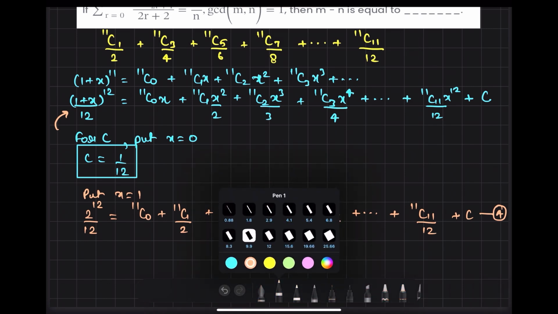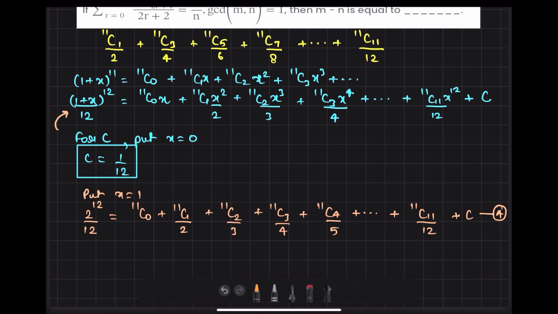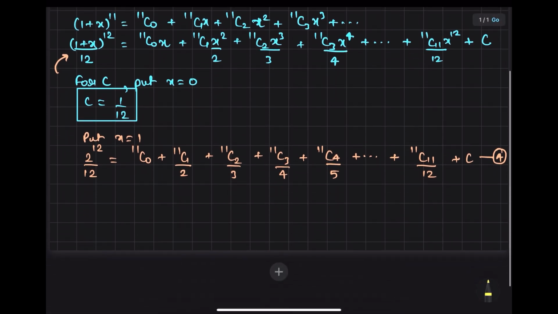Now I want to write down the next equation. For that I will put x equals minus 1, correct, in the same equation. So on the left hand side it will become 0.